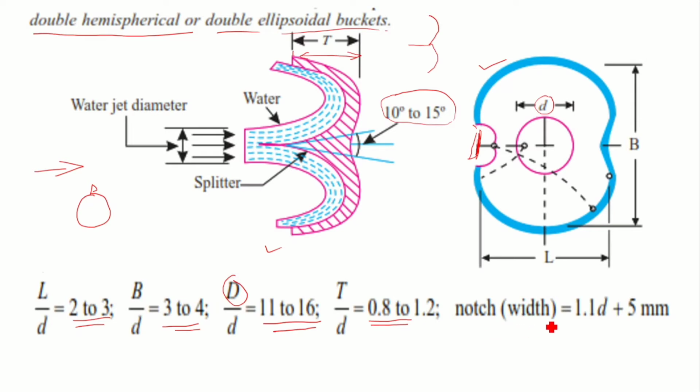The notch width, that is the width of the bucket, B is equal to 1.1 d plus 5 mm. So like this we are designing a Pelton wheel bucket. The shape of the bucket is a double hemispherical or double ellipsoidal bucket.